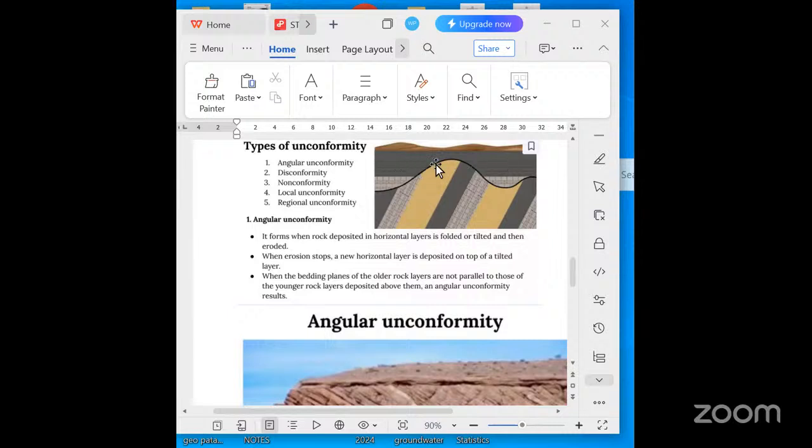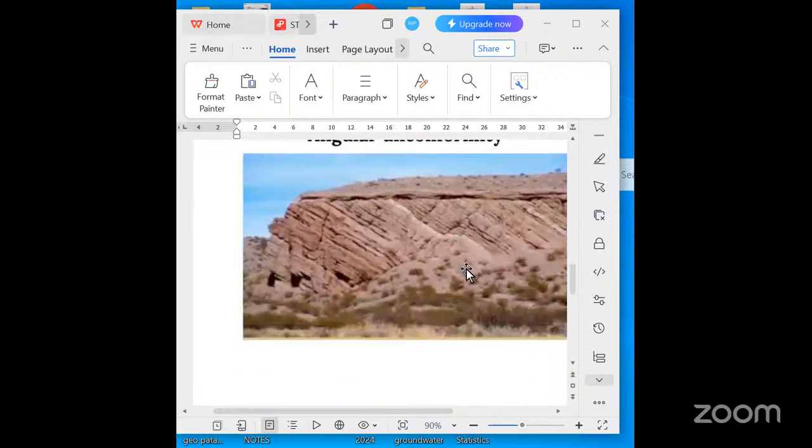So the bedding planes of the older rock layers are not parallel to those of the younger rock layers deposited above them. Here you see an angular unconformity scheme. Okay. This is the real picture you see here. And this is another layer.